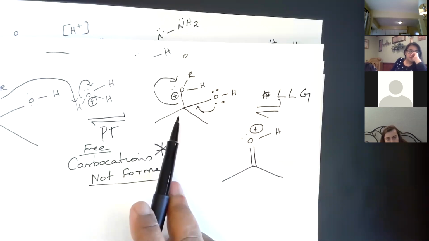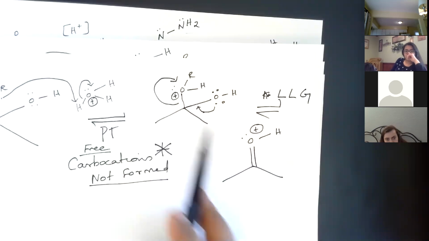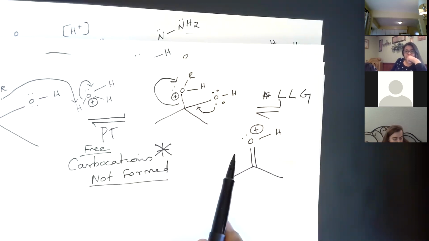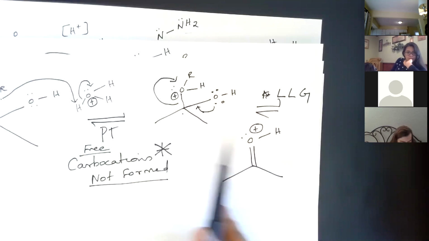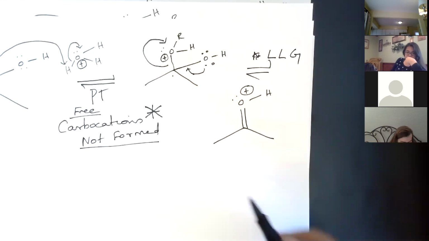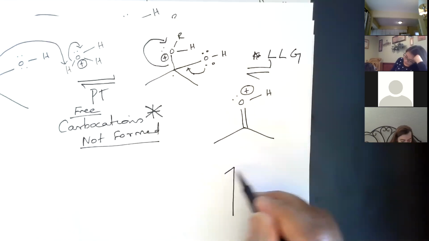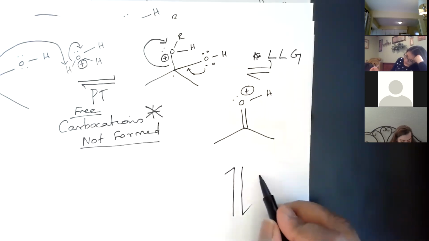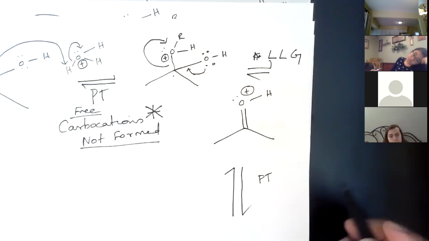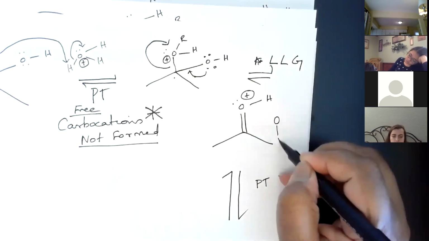It may be formed, but it quickly shuttles between those two, resonance. The reaction is not with the carbon, the reaction is happening here, so they are only looking at that resonance structure. Now what do we do? Last one, home free. PT. We want to get our acid back.